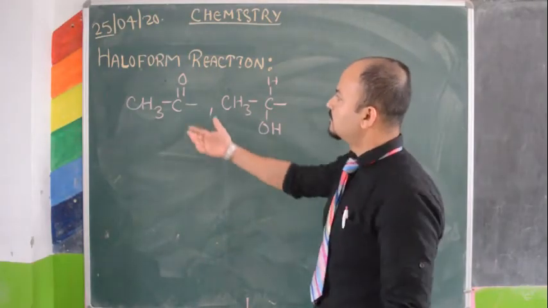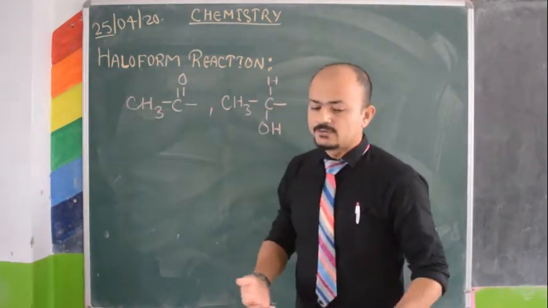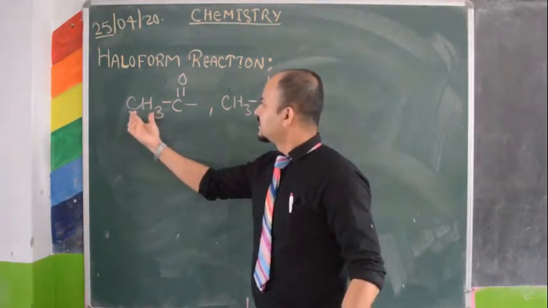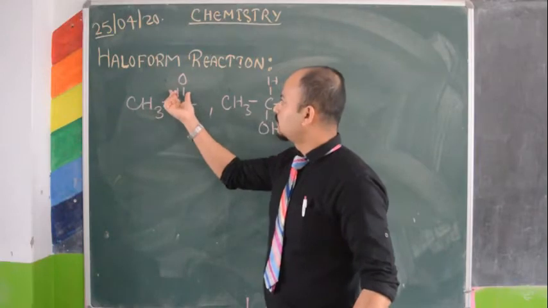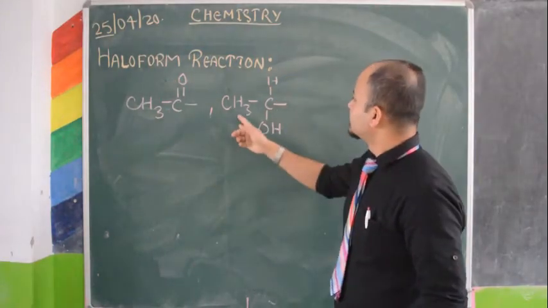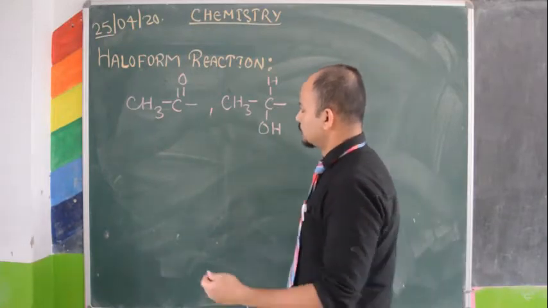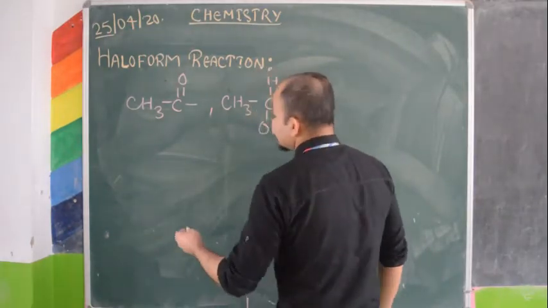So this haloform reaction is given by those organic compounds which contain a CH3 C double bond O group or a CH3 CH OH group. Okay?